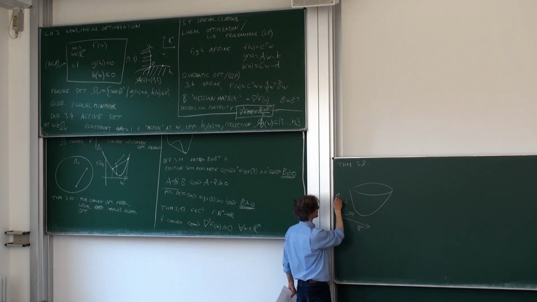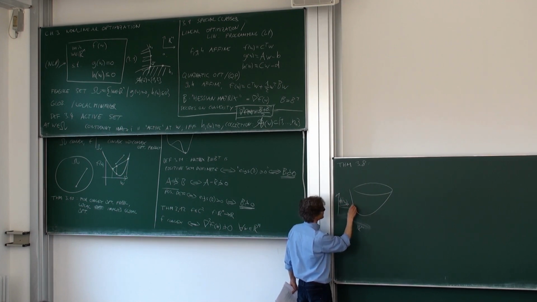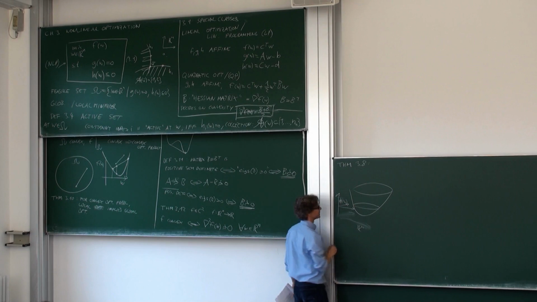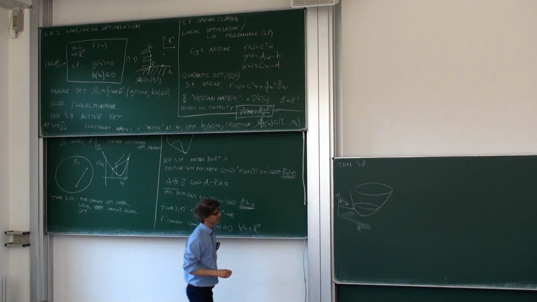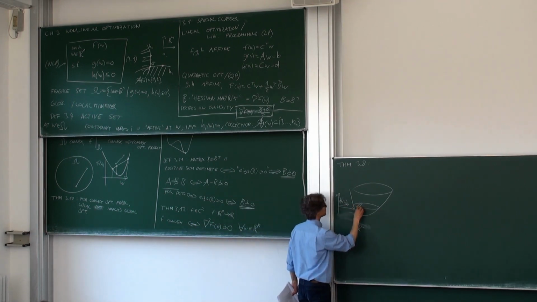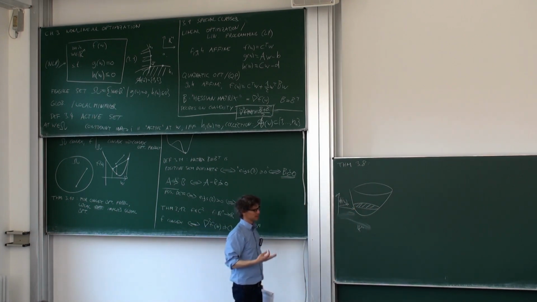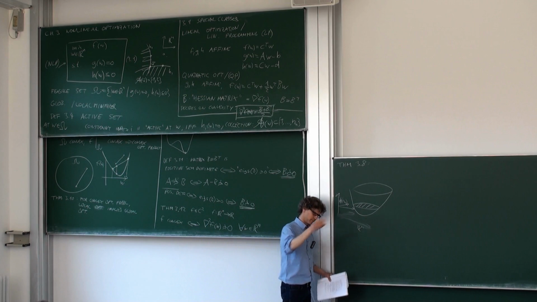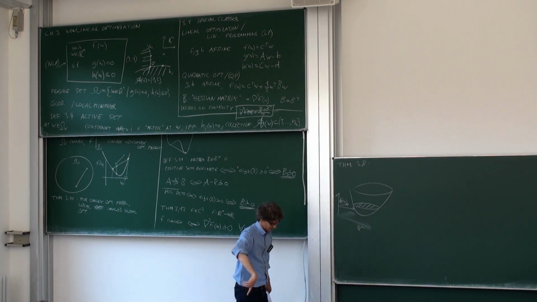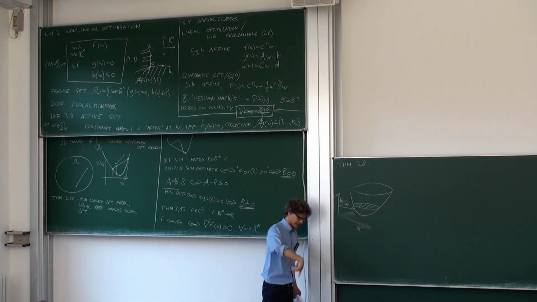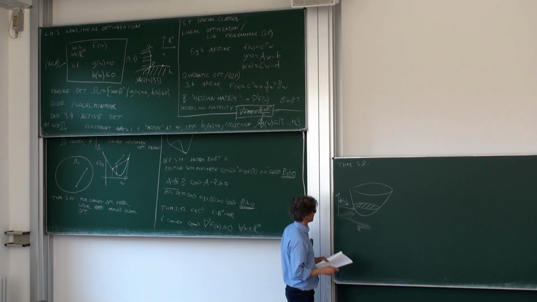So let's just assume 0 is maybe, this was a bad plot. I put this origin a bit higher. So then 0 would be here. And you could see that the intersection of this with the plane 0 is here. And so this would be the sublevel set. It's just a circle. You could think of if you have a valley and you put water into it, then the water surface is, so to say, the sublevel set.